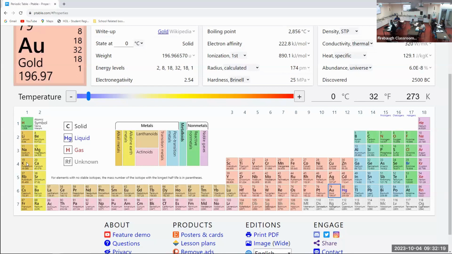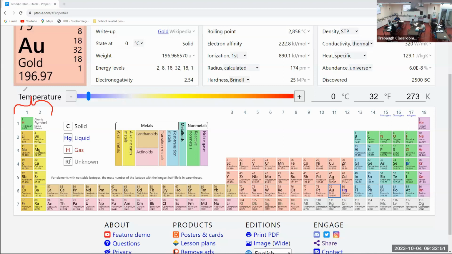Count how many columns are in that first tower. Right over here. That's the tower that I'm making reference to. How many columns do we have there?